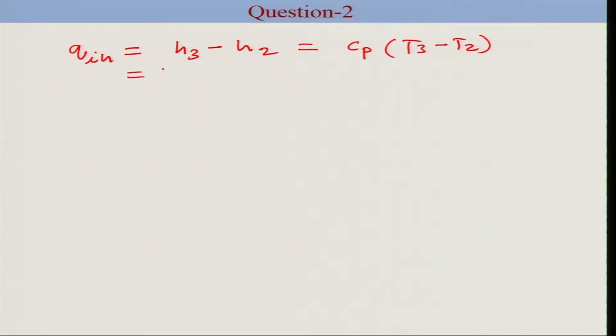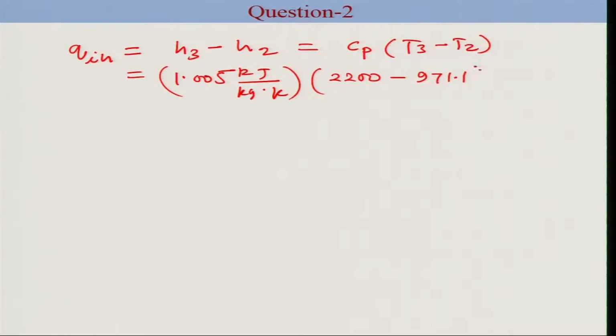Okay, and we know Cp from the air properties table, in kilojoule per kg Kelvin, times the temperature difference T3 minus T2, which is 2200 minus 971.1 Kelvin. So from here we get Q in per kg, which is 1235 kilojoule per kg.